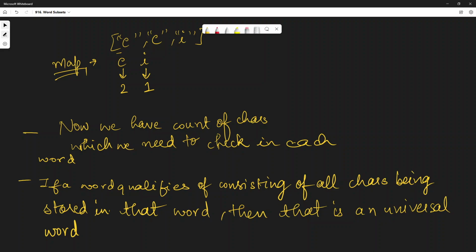As per the question, it should be a universal string, right? And we are given the pattern and the words.